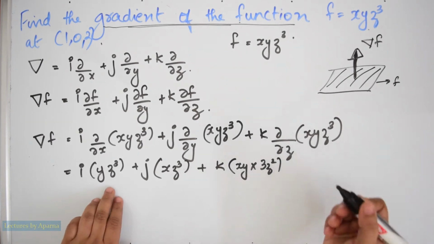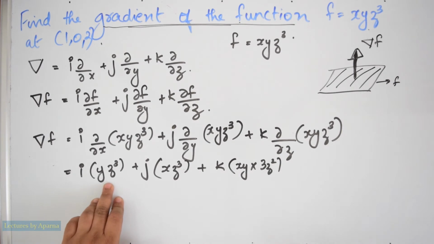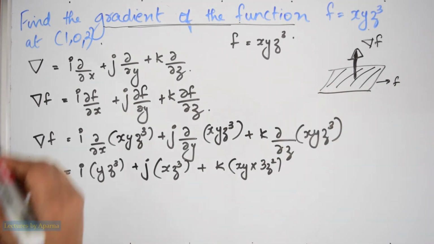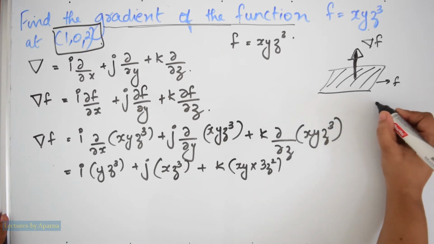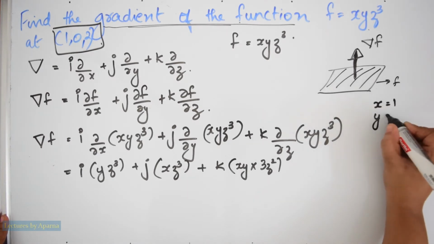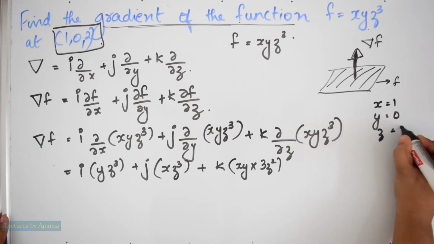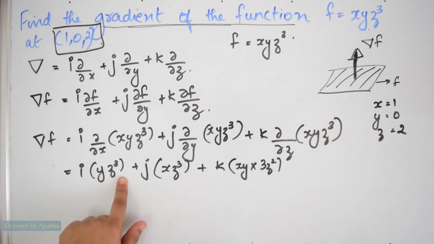Now we have to substitute the values of this point. We have to find del f at this point. So we substitute x equal to 1, y equal to 0 and z equal to 2 in this equation.